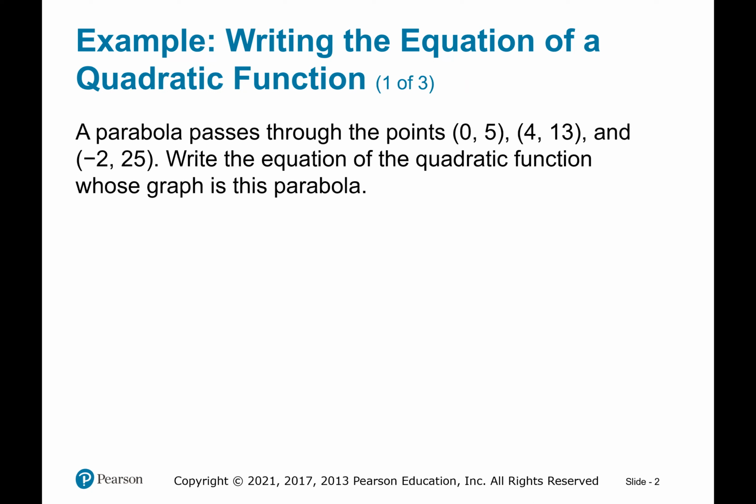All right, so I need to remember what the equation of a parabola looks like. So the quadratic function has this equation: y equals ax squared plus bx plus c.